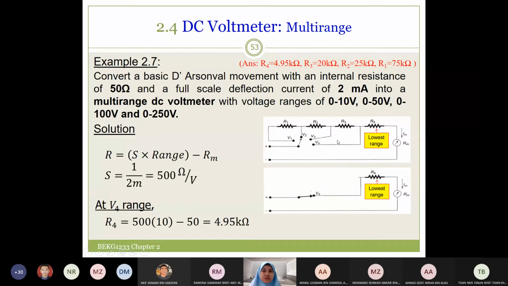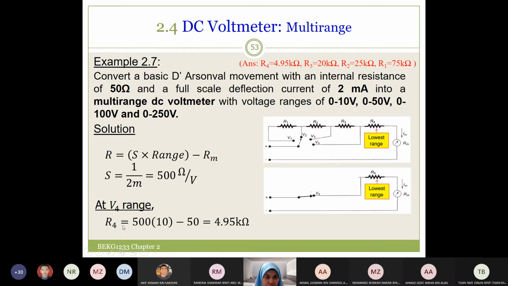So at the V4 range, we tap the pointer at V4. We want to find RS4 or R4 here. At the V4 range, we have only R4 and RM. The rest is disconnected from the circuit.